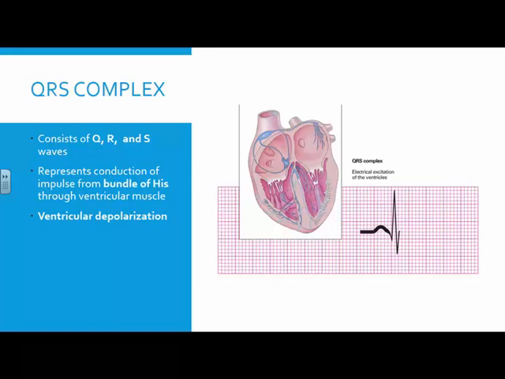Alright? What happens when this conduction goes through? As it goes through, it starts at the bundle of His, so it starts to go down, then it goes down, then it goes away, then it comes back.